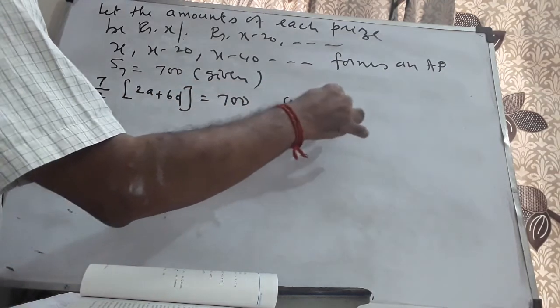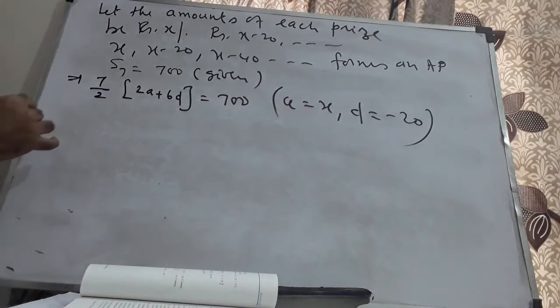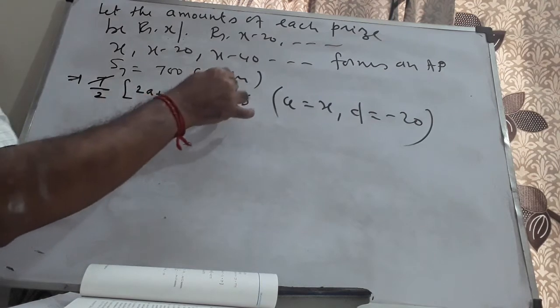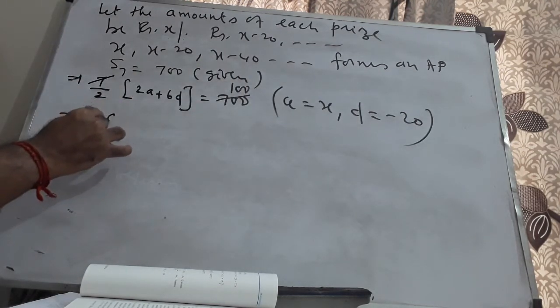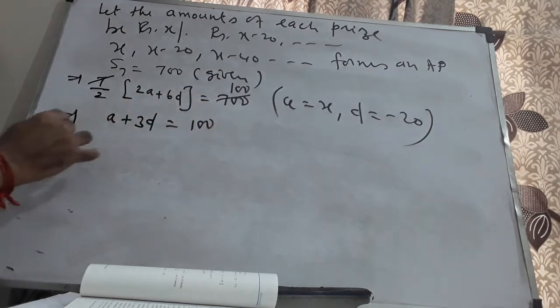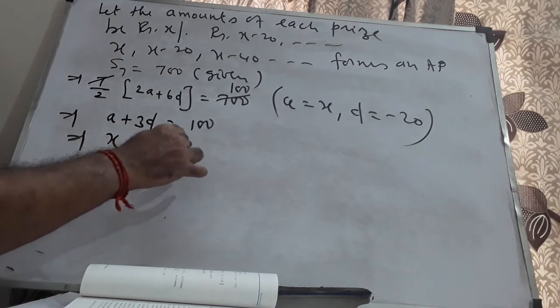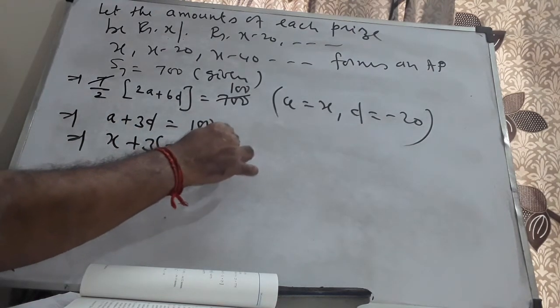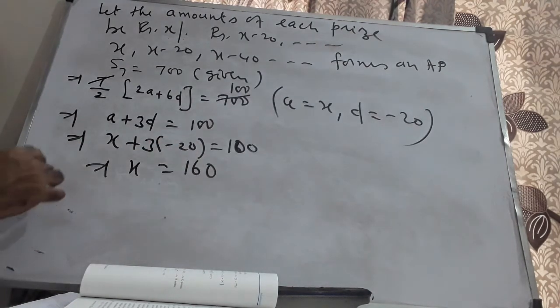Here a is equal to x, d is equal to minus 20. Remember carefully. Here I can cancel the 7, leaving 100, and I can cancel 2 also. Therefore a plus 3d is equal to 100. Since a is x, x plus 3 into minus 20 is equal to 100, which implies x equals 160.